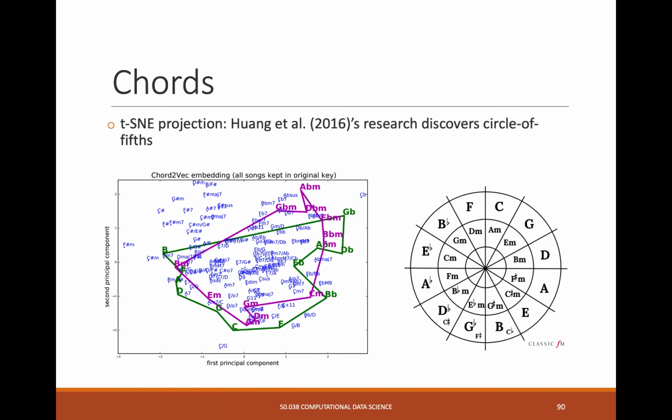Now, if you're a musician, you'll know that this circle of fifths represents transitions that are usually well-sounding. So if you're playing a C chord, going to a G and a D is very natural. Going from a C chord to A minor is very closely related. And in this Word2Vec space, this is a t-SNE projection, the circle of fifths comes out. So this is very cool.